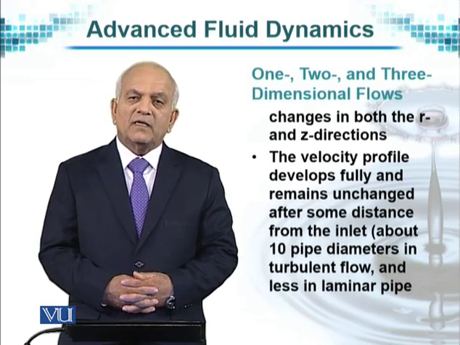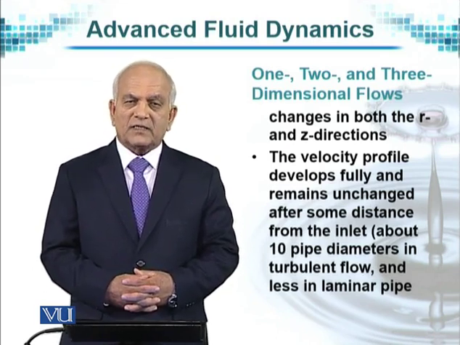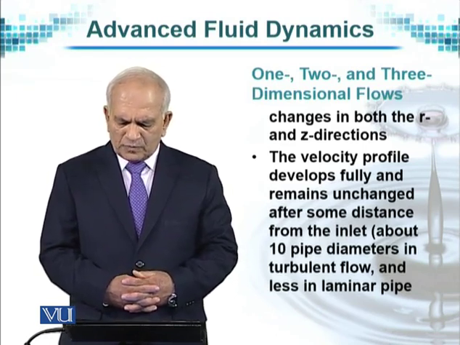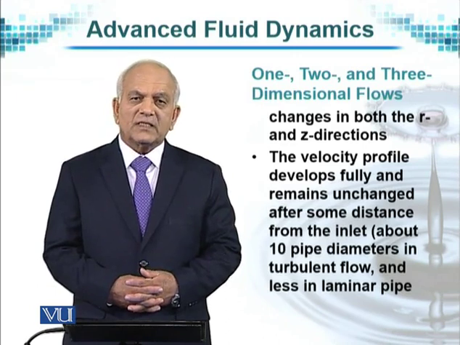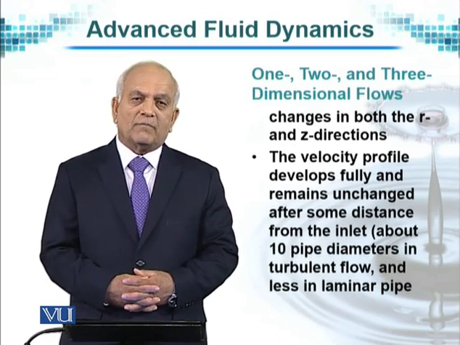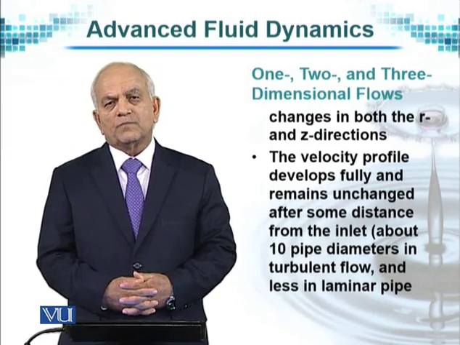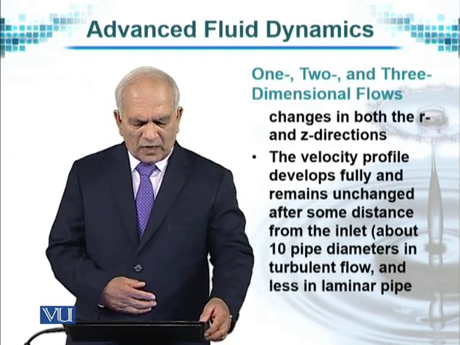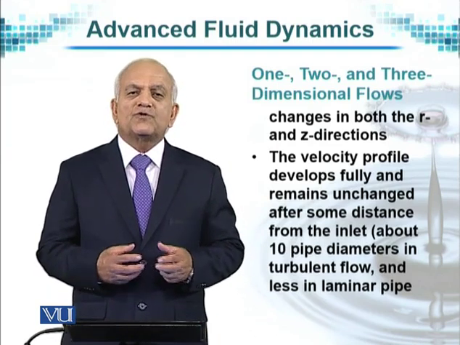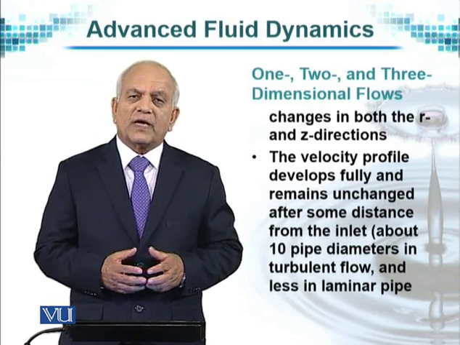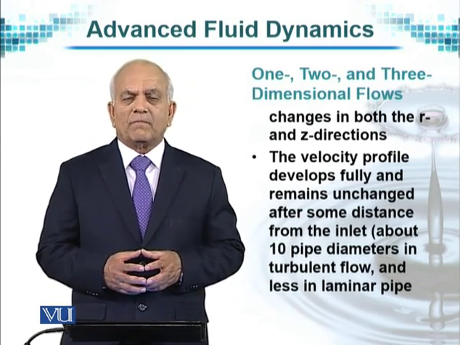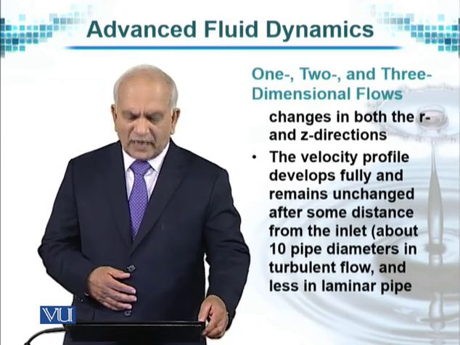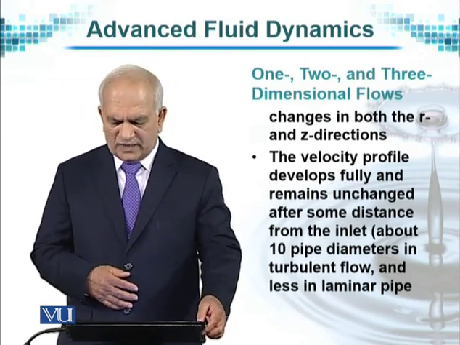Even at that time, after a certain lapse of time, it depends on the value of r, and this is approximately equal to about 10 pipe diameters, let's say 10 times 2r, if r is the radius of the pipe that we are considering. This is just to make an estimate of how far from the beginning the fluid flow will develop to its complete form, and it will become laminar in its behavior.